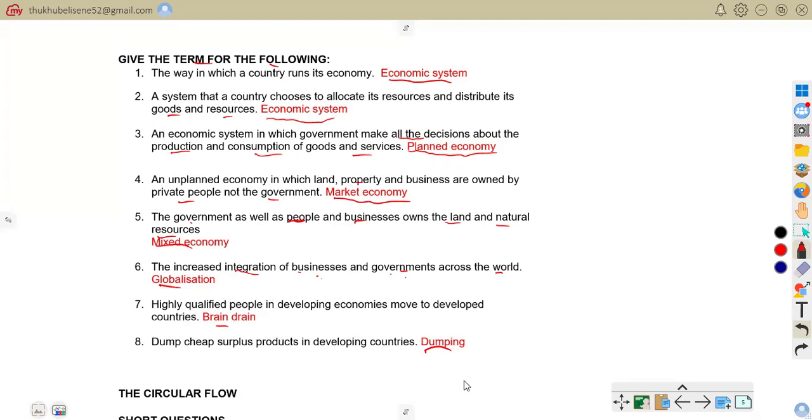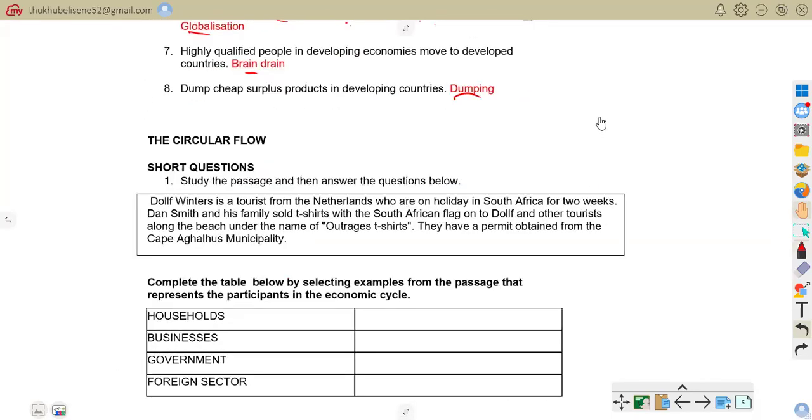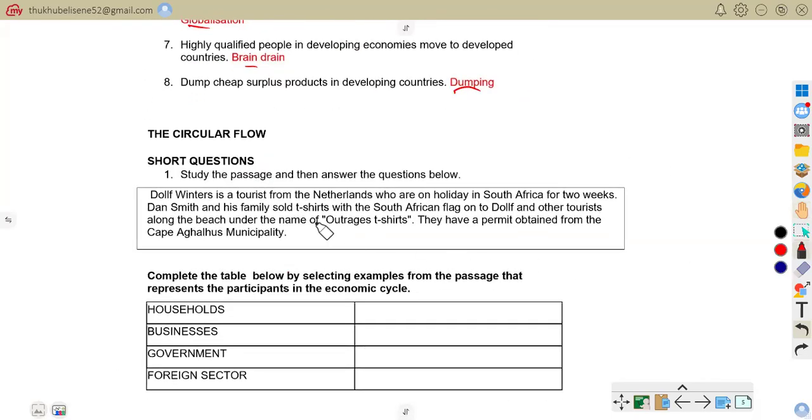So now let us go to circular flow. Here we are on circular flow, and we are to answer the short questions. Study the passage and then answer the questions below. The passage says Dolph Winters is a tourist from the Netherlands who is on holiday in South Africa for two weeks.